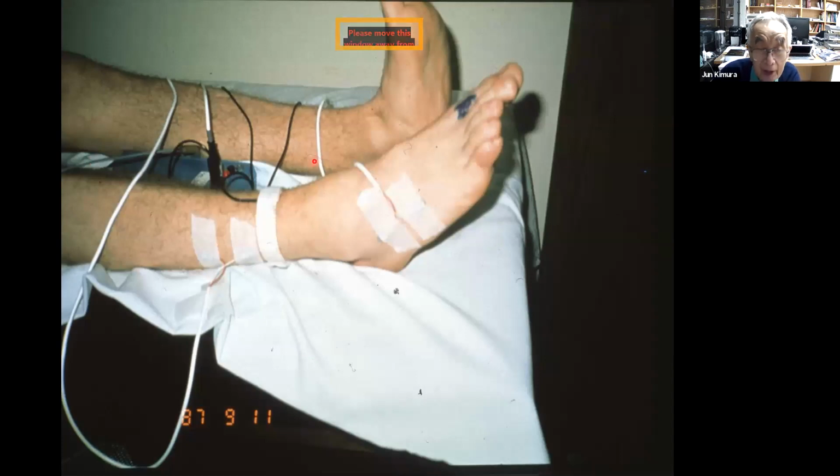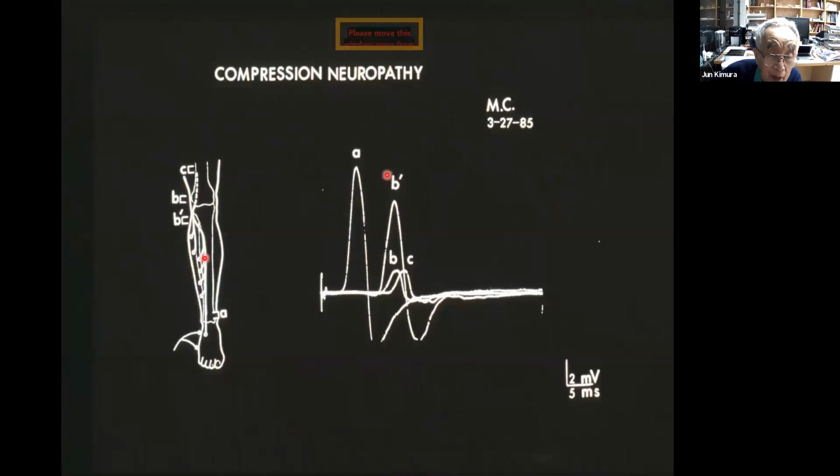When you have a foot drop and do a regular conduction study, you usually stimulate the fibular nerve at the ankle, and you get a good response, and stimulate below the knee, B prime, and this is hit. And you don't know whether this is normal or abnormal because there are only two points.